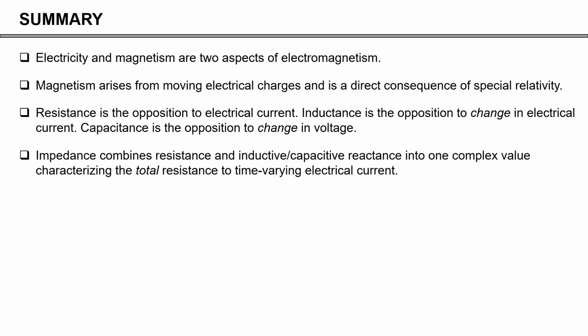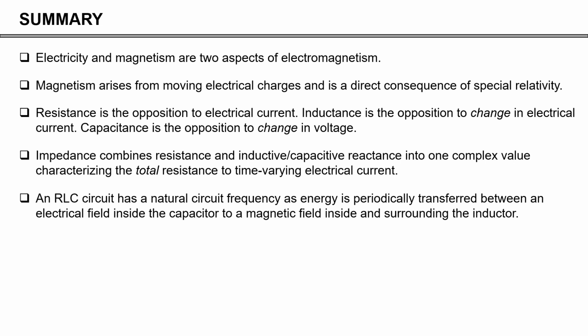Impedance, which I've been using as a substitute for resistance, is a little bit more difficult. Basically, it combines resistance and some other aspects, which I think is outside the scope of this video. So at the moment, I'm using impedance and resistance interchangeably.